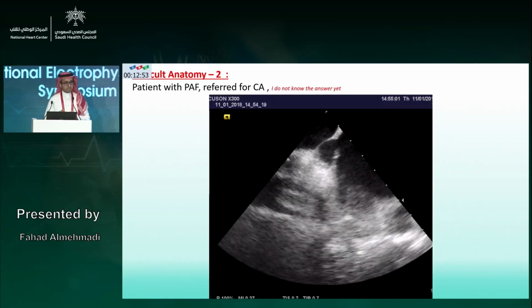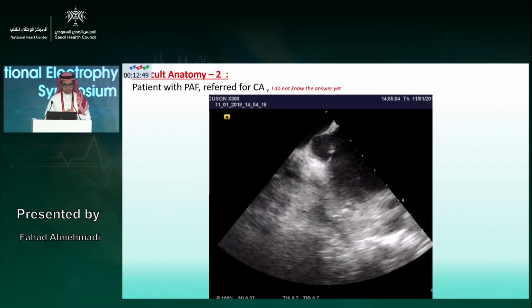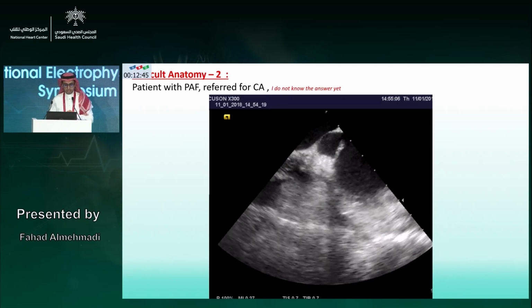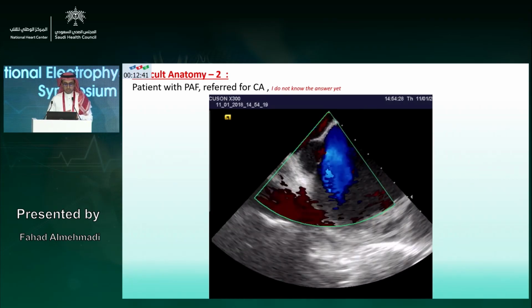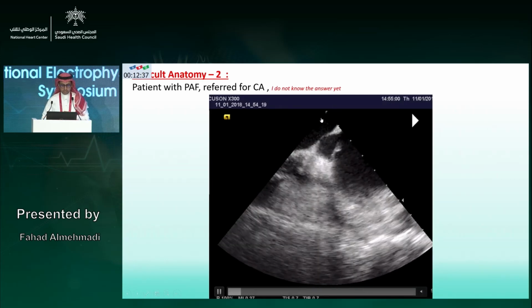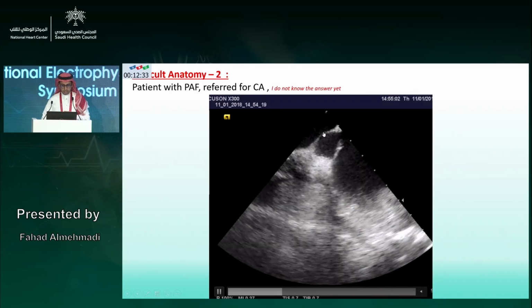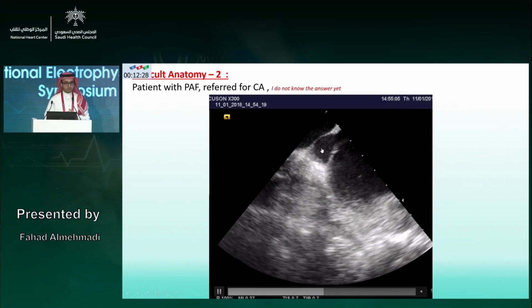This is a second case, and I don't know the answer to this. This is another patient who was referred to us for AFib ablation, and I think this was at the time when cost was an issue. I don't know what's going on with the septum. You can see this is the right atrium, this is the left atrium, and we see this thing in the septum that honestly we did not know what it is.